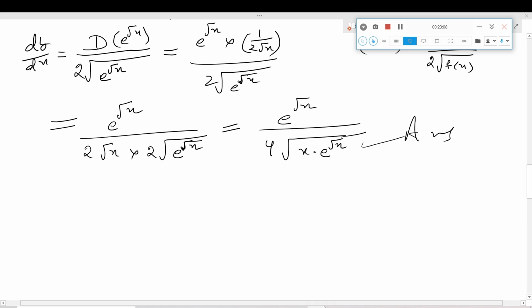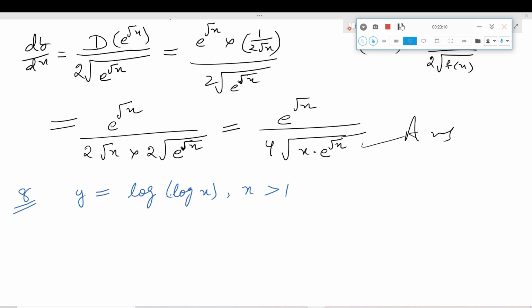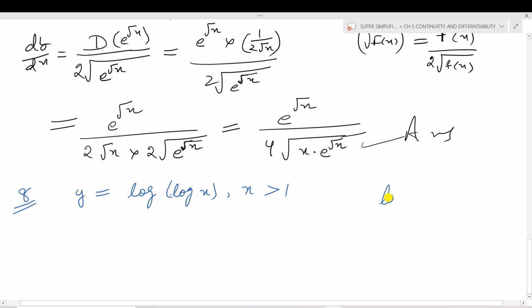Now the next question is y is equal to log of log x, where x is greater than 1. Now we have already discussed that if we have log of f(x) and we want to find its derivative, it is going to be 1 upon f(x), and the derivative of f(x), which is f dash x, is to be multiplied.